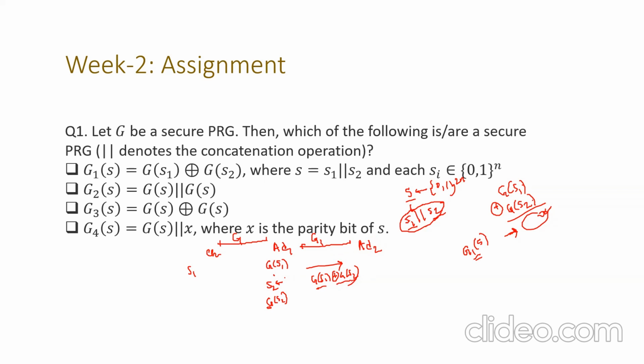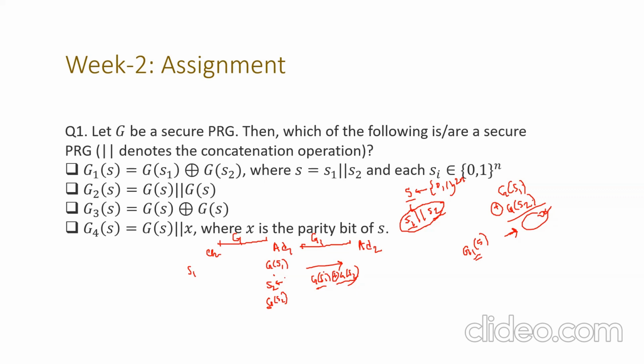Now, what does this string consist of? This is the XOR of, let's say, if the challenger would have chosen a PRG output, so this is of the form G(S1), then this is pseudorandom and this is also pseudorandom.